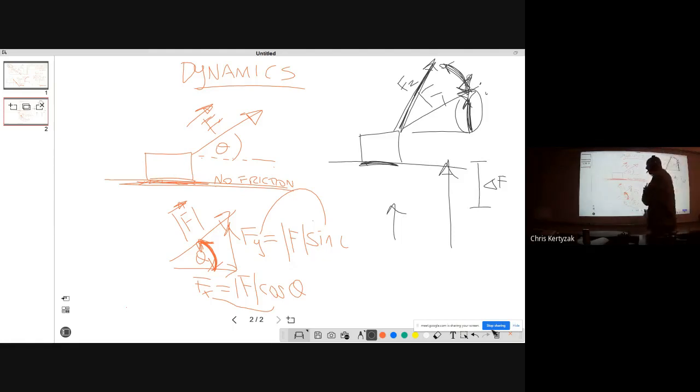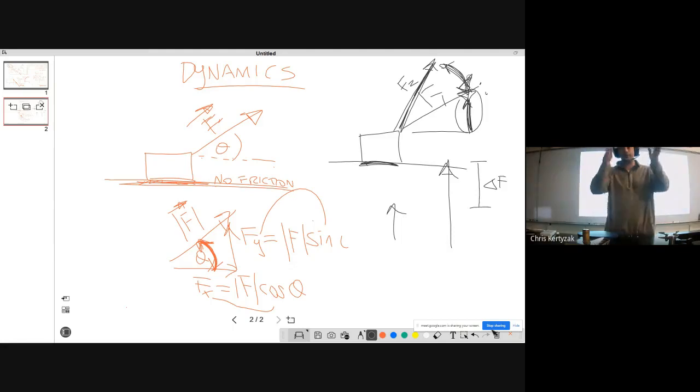even if the box is moving to the right, that doesn't matter. The upward force has to equal the downward force for a box that's sitting there, and for a box that's moving to the right, and for a box that's moving to the left, both at constant speeds. Or if the box is moving to the right at an accelerated rate or to the left at an accelerated rate, it doesn't matter because it's not moving up, it's not moving down. So that means the net vertical forces still have to add up to 0.